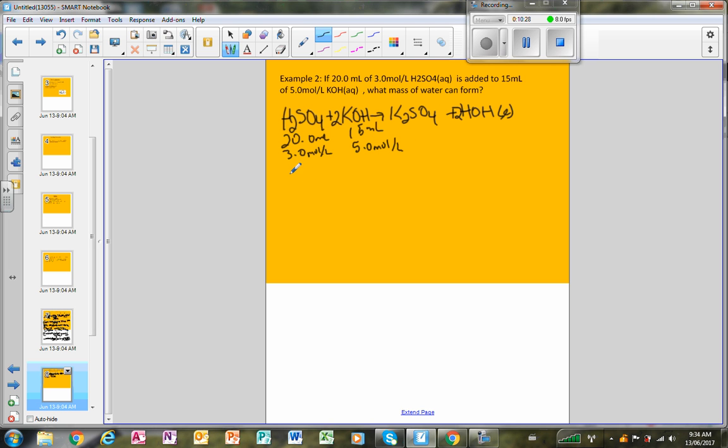Okay, so the next major step is to find the number of moles for each reactant. And again, making sure that you're writing down what those moles belong to for future reference.